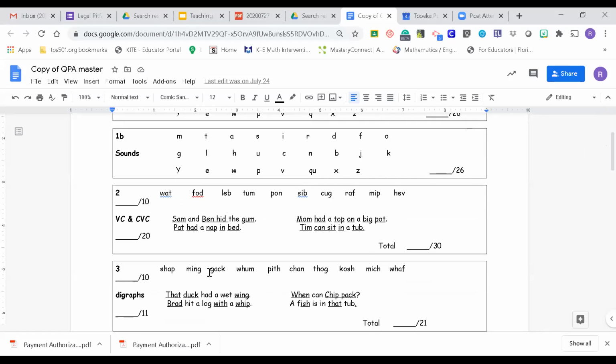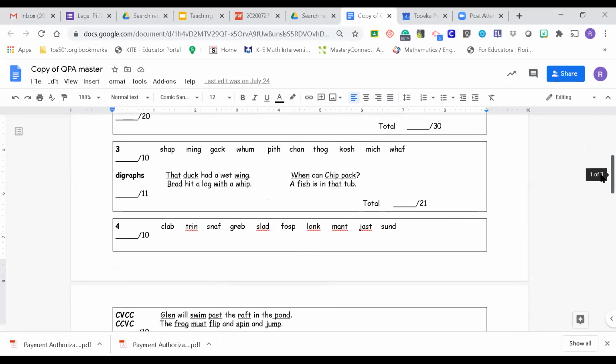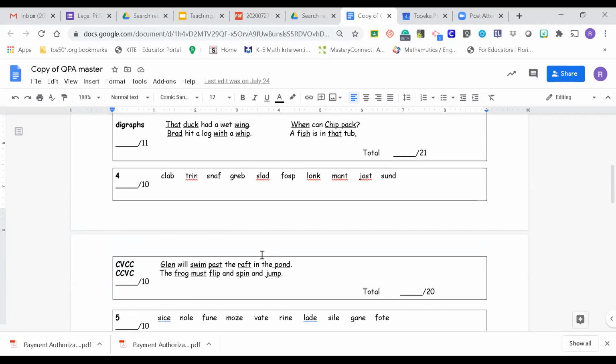And then it goes into digraphs. So you'll notice CK, NG, TH. And it moves down to, losing my train of thought, moving into, here we go, CVC or CVCC, which is consonant, vowel, consonant, consonant, and consonant, consonant, vowel, consonant.